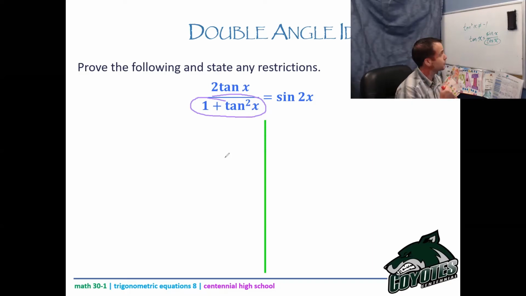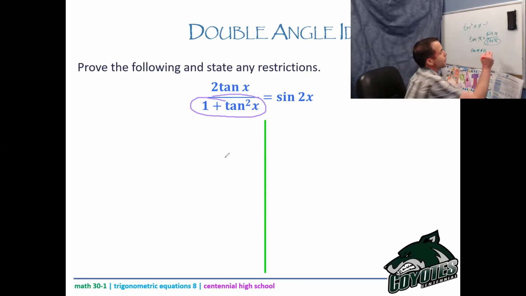If cos of x was 0, that tan would be undefined. So we know for sure that cos of x can't be 0. Now, can sine of x be 0? Well, it actually can in this one because it's 1 plus tan squared there. So even if sine of x was 0, that would make this whole thing 0, but I wouldn't end up with a 0 on the bottom of the fraction because I'd end up with 1 plus 0, and 1 plus 0 is totally okay. So it's just that cos of x can't be 0 here.